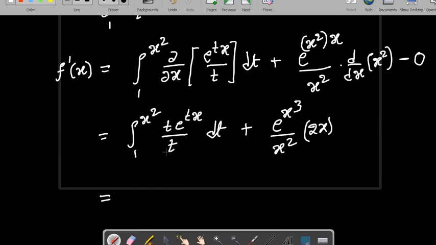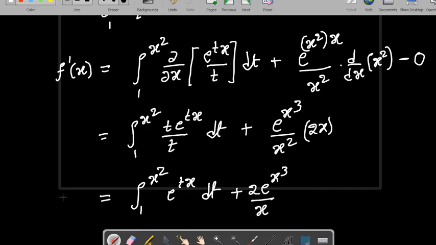Now this will be what? I hope you can cancel t and t. So you have a simple integration, that is integral 1 to x square of e power tx into dt, plus e power x cube times 2 over x. So this is what f dash of x is.